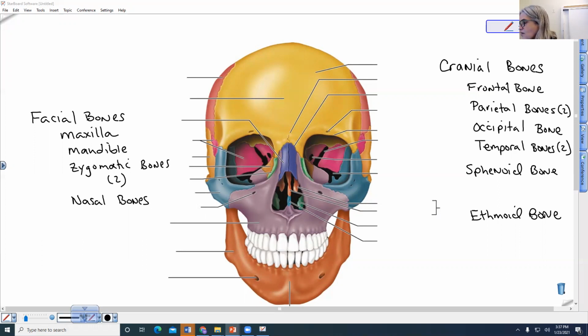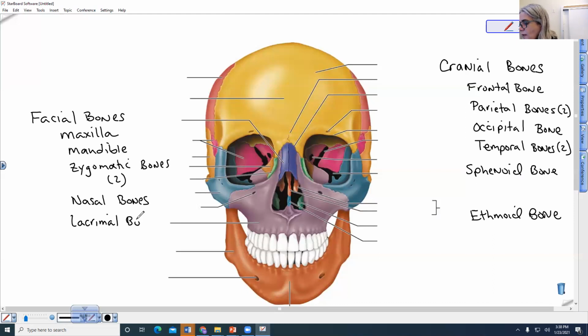So this is my lacrimal bone. There's two of them. Lacrimal glands produce tears. And so if you were to put your fingers into the inside of your orbit, you can kind of feel that; that is where the tear duct drains the tears from your eyes. There's a duct that drains it into your nose. And so those are the lacrimal bones.